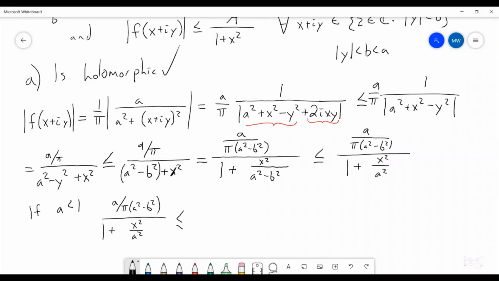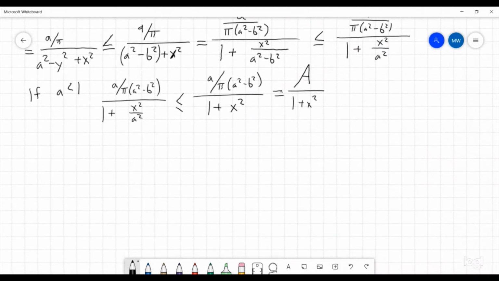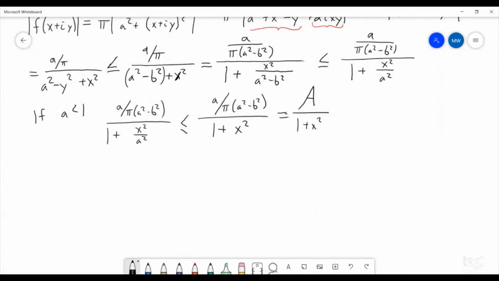So if a is smaller than 1, that means to make the denominator smaller, we are going to not divide by something smaller than 1. So this is less than or equal to a over pi a squared minus b squared all over just 1 plus x squared. So we are going to say that this is equal to our big constant A over 1 plus x squared.